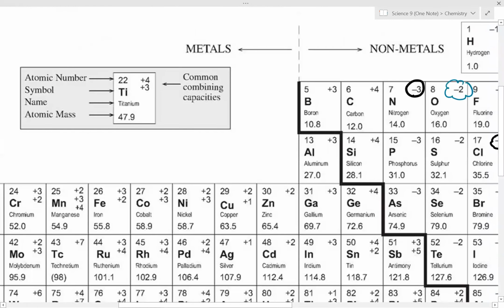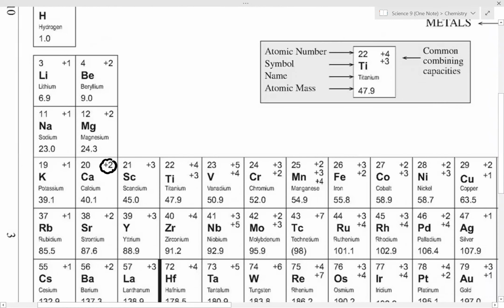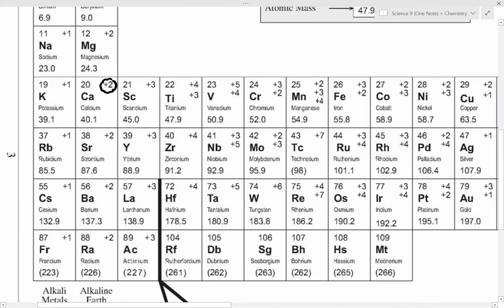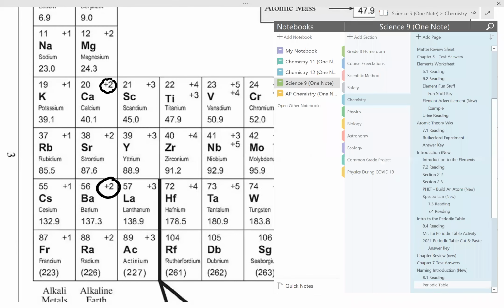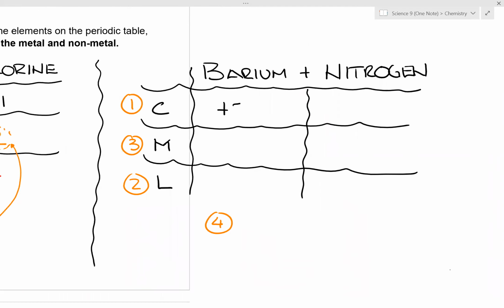And if we look to the left-hand side, we find that barium, let me see where's barium. Barium's down here. It's a +2. So in this particular case, barium is +2. Nitrogen is -3. Again, what you want to do is take away the positive and the negative. You look for the lowest common multiple of 2 and 3.